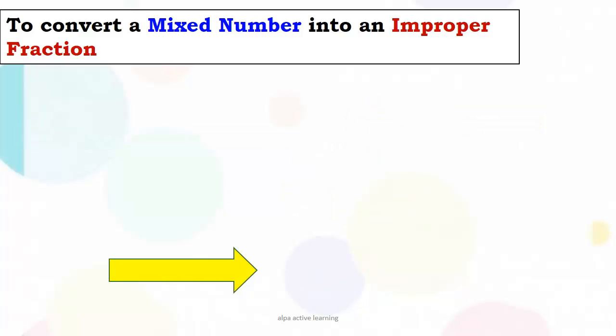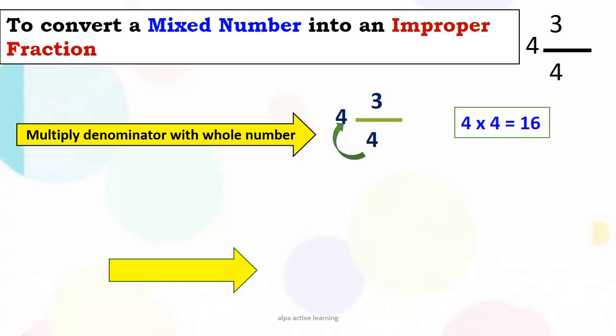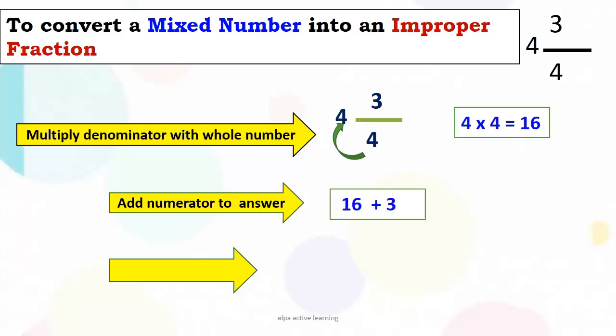So one more example. 4 and 3 upon 4. So first rule, multiply denominator with the whole number. So 4 into 4, 16. Add numerator to the answer. So 16 plus 3, that is 19. And hence the improper fraction is 19 upon 4. It's clear?